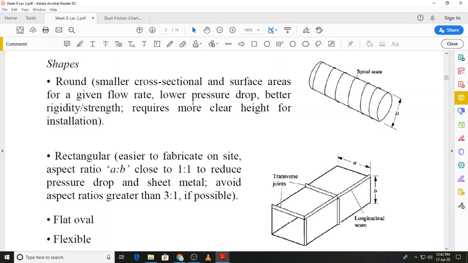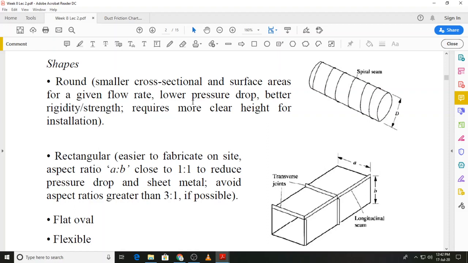And we can increase the aspect ratio. Probably 3:1 is fairly acceptable. We can go beyond that, but if we go to a value like 7 or 8:1, then it becomes prohibitive in terms of the very high pressure drop that you will experience with that sort of an aspect ratio.